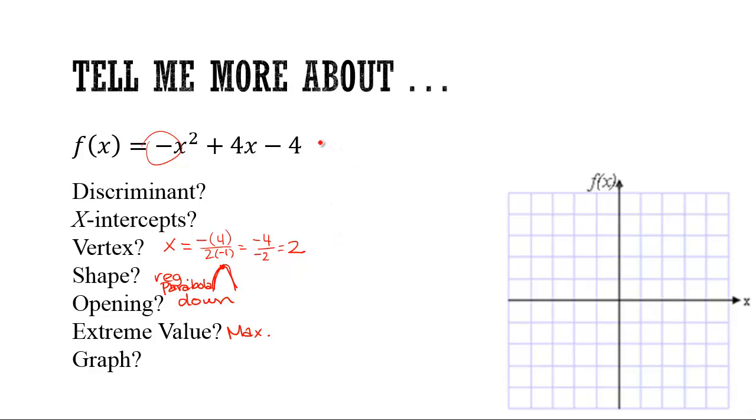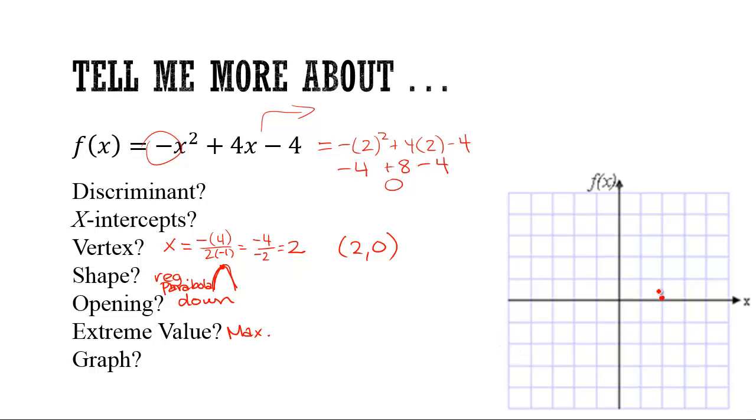So if we find what happens at 2, we get -4 plus 8 minus 4 is -8 plus 8, which is 0. So 2, 0 is the vertex point. We could have also completed the square, but we have developed this formula from completing the square, so we can use it if we like.